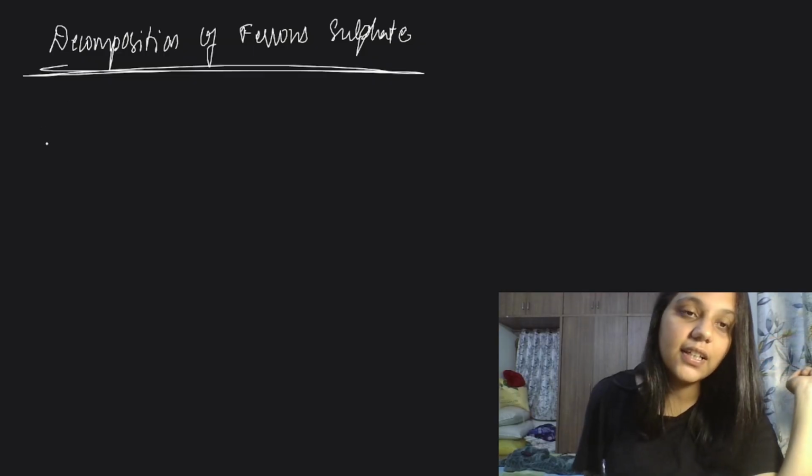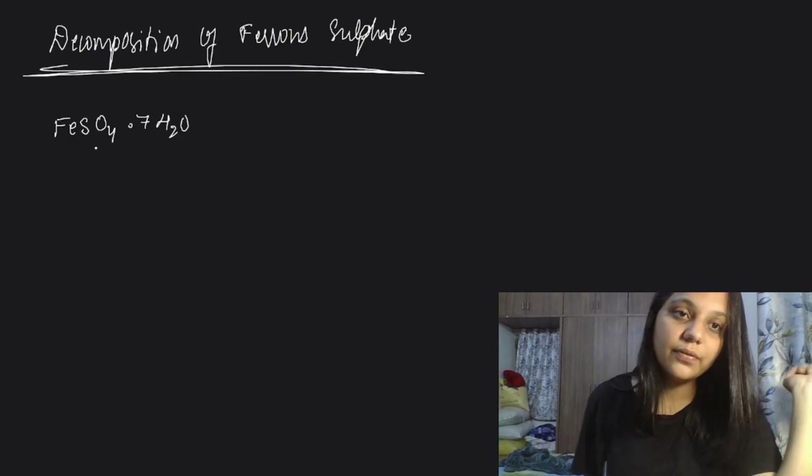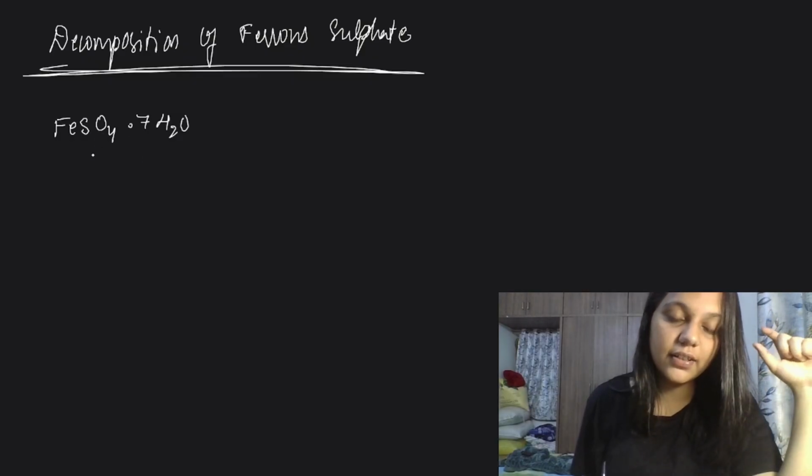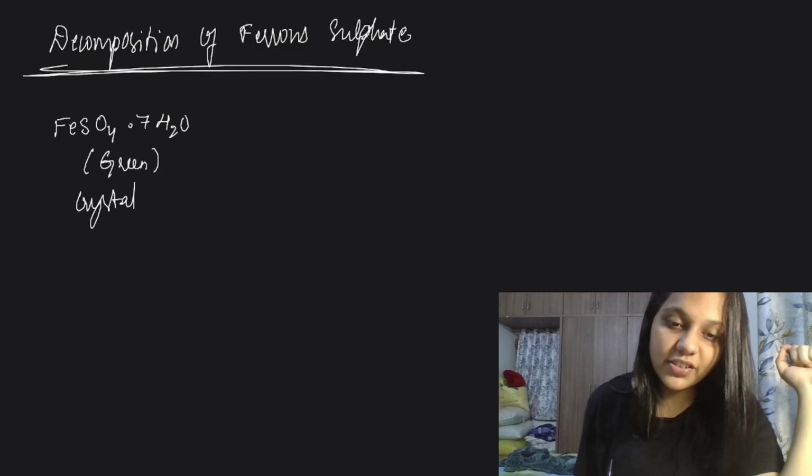Okay. So ferrous sulfate is nothing but FeSO4 dot 7 moles of H2O. And this is a form of crystal, which is a solid. Okay. So this is in green color, and this is crystal, and this is called ferrous sulfate.